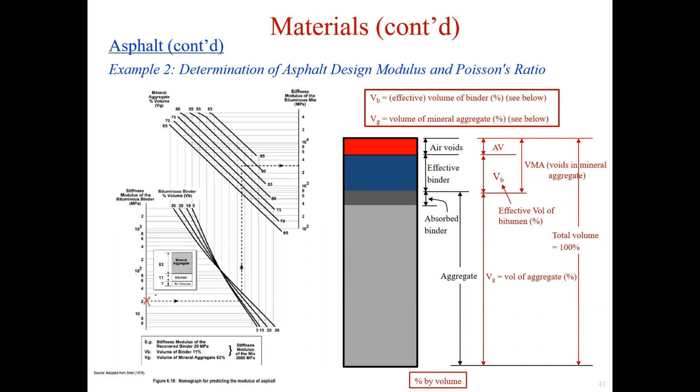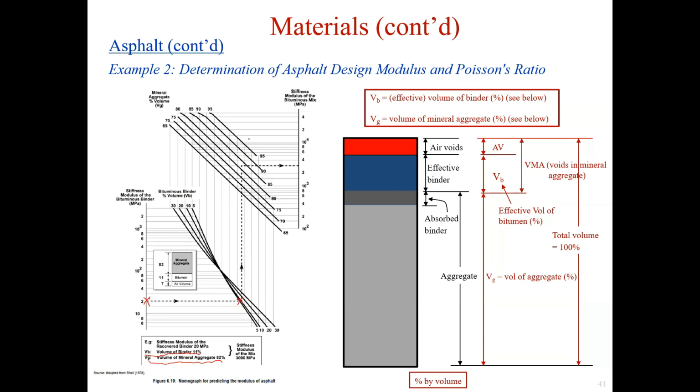If we know the effective volume of binder, which is VB equal to 11%, and also the volume of mineral aggregate, VG, that's 82%, we can refer to figure 6.10. So we just draw a horizontal line through this 20 and find the VB equal to 11% roughly here.